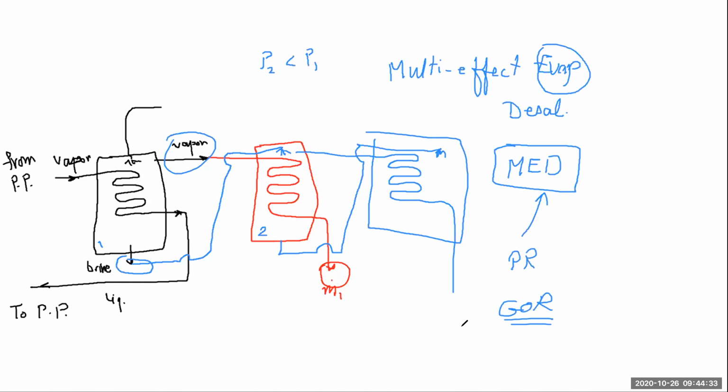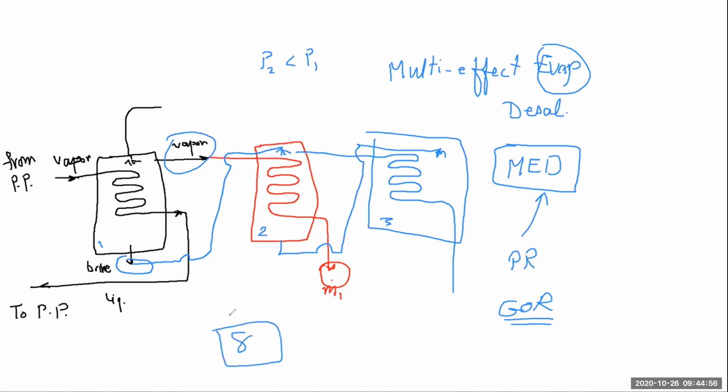In Jubail, Marafiq, we have a multi-effect desalination unit, and this unit is producing more than 800,000 cubic meters per day. It has 27 units of these MED systems. Typically, we see units having 8 effects.